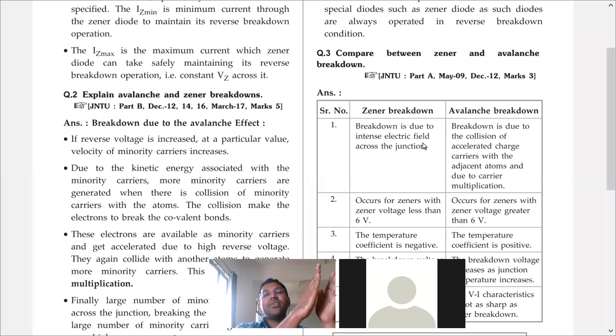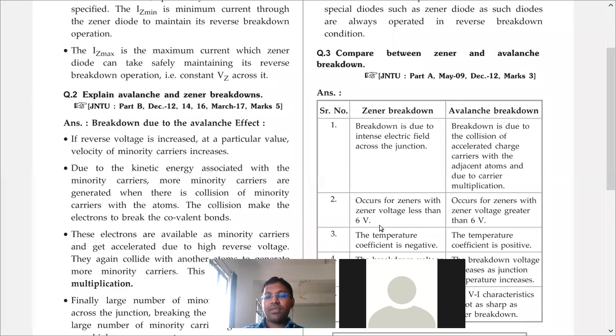Zener breakdown is due to electric field intensity, whereas avalanche breakdown is due to the collision of accelerated charge carriers, meaning carriers traveling with high velocity, with adjacent atoms, and that leads to carrier multiplication. Next, any breakdown less than 6 volt is due to the Zener effect, occurring for Zener voltage less than 6 volt.